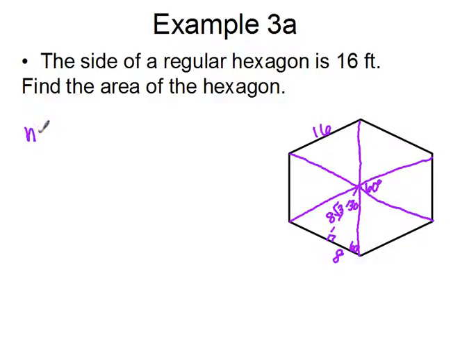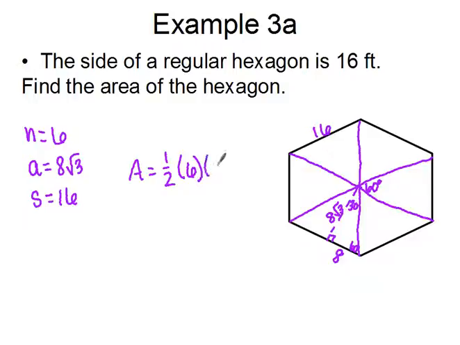Okay? So number of sides is 6 because it's a hexagon. The apothem we found to be 8 root 3. And the side length is 16. So we do 1/2 times 6 times 8 root 3 times 16.